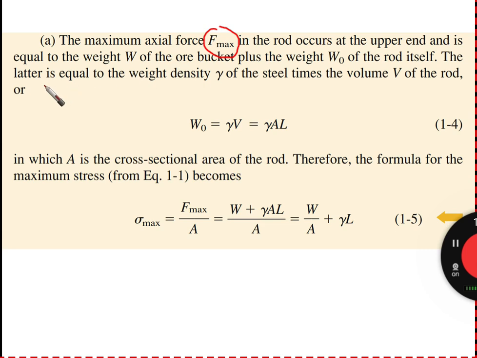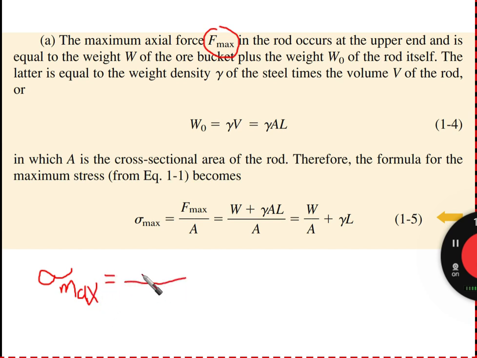The latter is equal to the weight density, gamma, of the steel times the volume V of the rod. Now let's understand what the point is here. Actually, we want sigma maximum, right? We want sigma maximum.